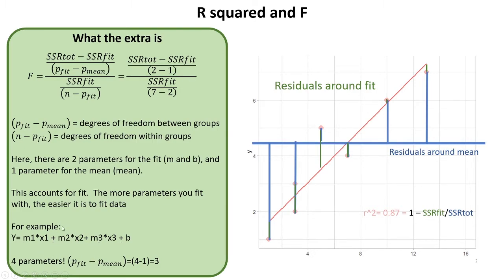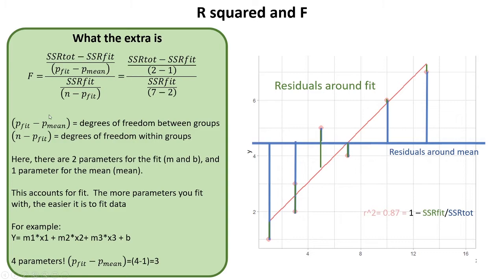If you have two independent variables, even if this independent variable is completely random, it's still going to slightly increase your fit. It's going to make your fit slightly better, right? And that might be due to random chance, and because it might be due to random chance, you have to correct for that, and that's what this term here is doing.